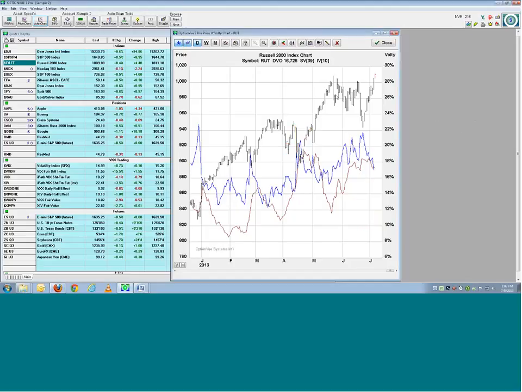Okay, now just watch this. Look at the red line. Forget the blue line's even there. Notice how the red line typically is moving up when the market typically moves down. Because in the Russell index and many other equities and indices, in down moves the daily ranges are much wider than in up moves.